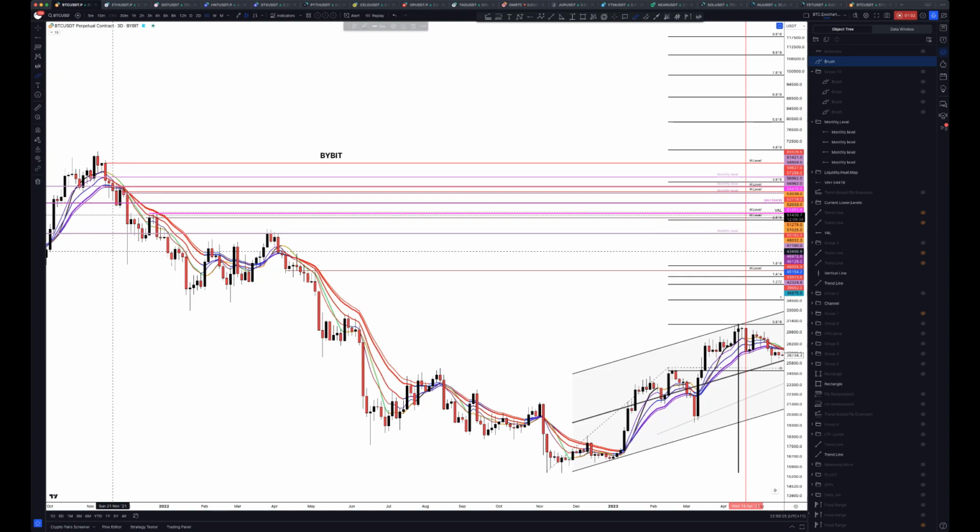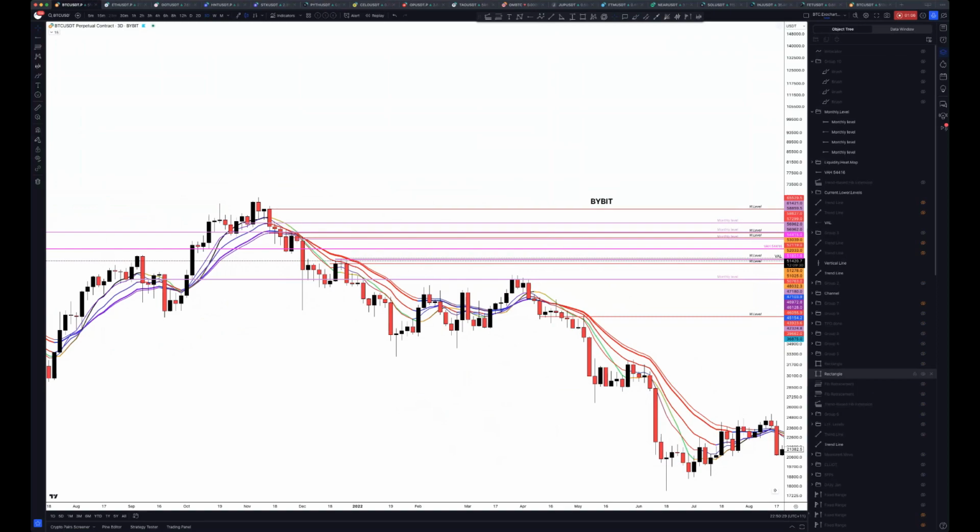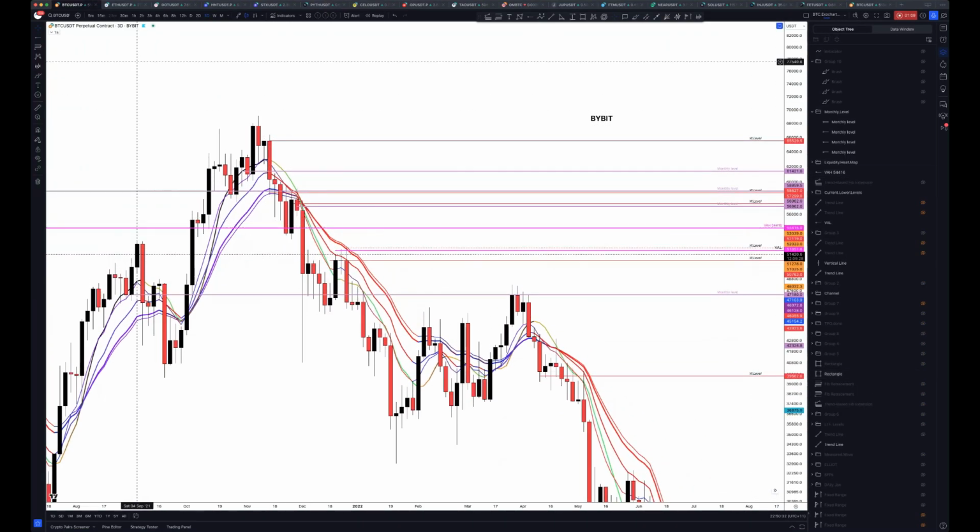So if we go to this close up, we can take that liquidity has been taken. So that's the one there. It's actually the weekly level top.